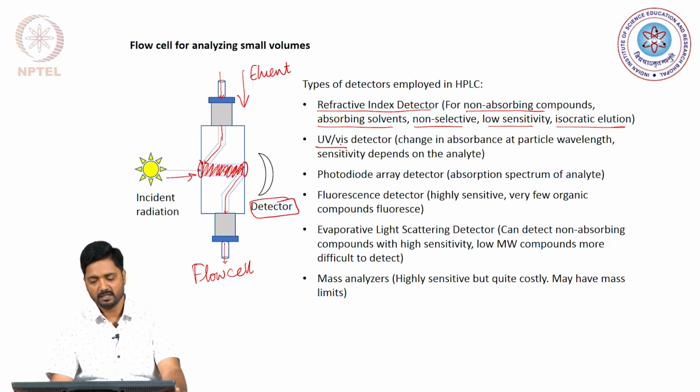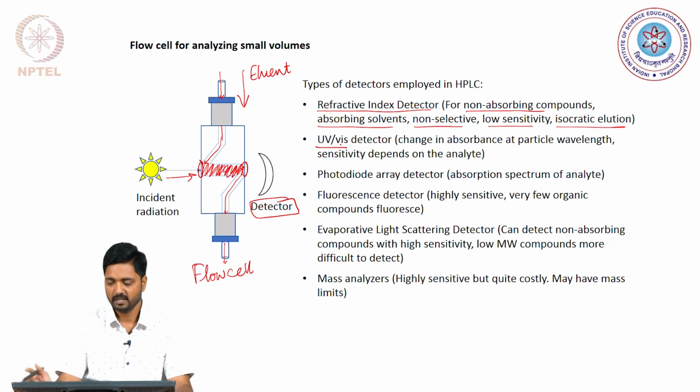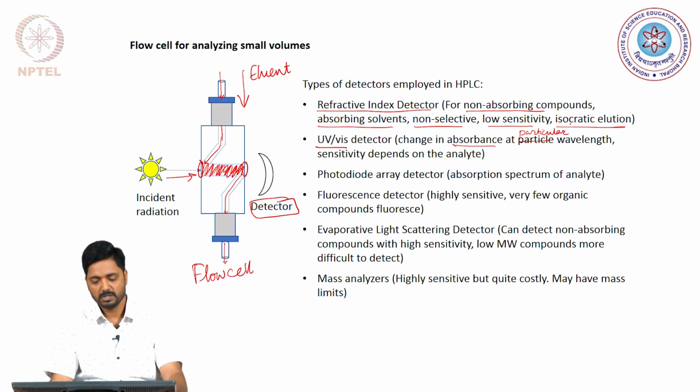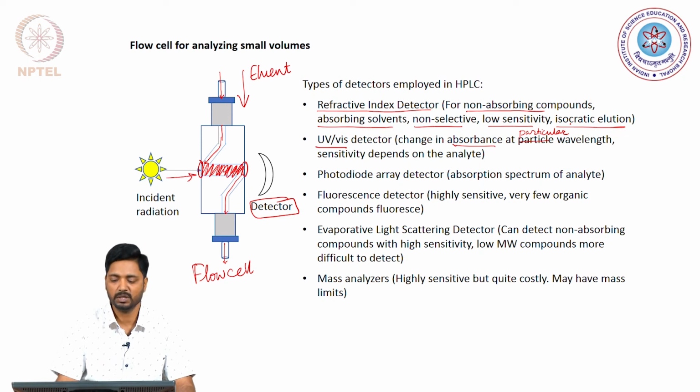Now, this detector is simply detecting the change in absorbance at a particular wavelength, and of course, it requires that our molecule or the solute be the absorbing system in the mixture of eluents that are coming out. The UV vis detector cannot be used with solvents that are inherently absorbing.